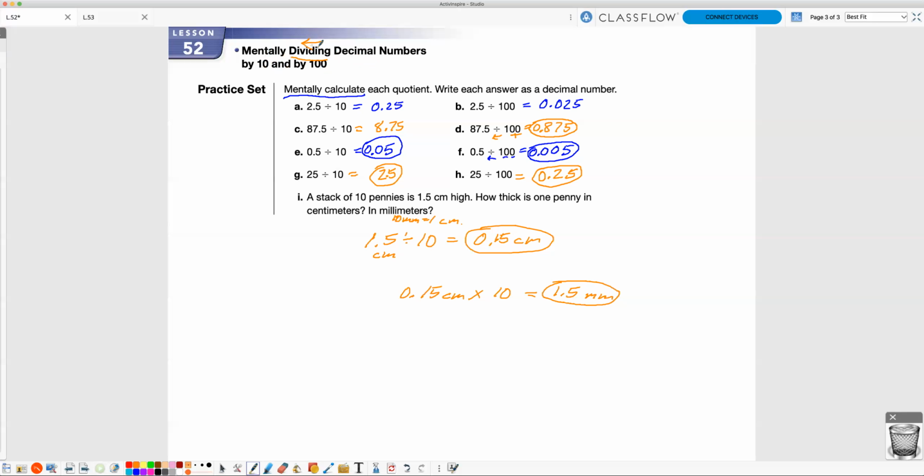If you're dividing, you're moving it one place to the left if it's 10, two places to the left if it's 100. If it was 10,000, you would actually move the decimal 4 places to the left if that's what you're dividing by. Right? If that's a challenge for you, make sure you review, and we'll see you next time.